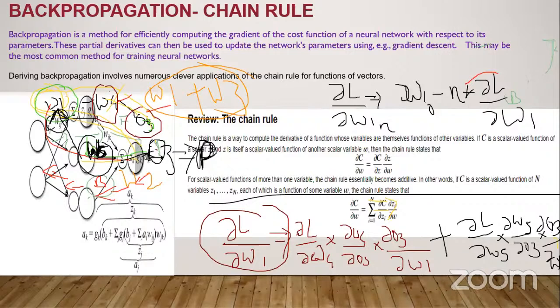Just to summarize, what I am trying to do is understand how I can update weight 1. This is weight 1. When I'm trying to update weight number 1, I have to take the combined effect of W4 and O3, plus the second one, which was W5 and O3 again.